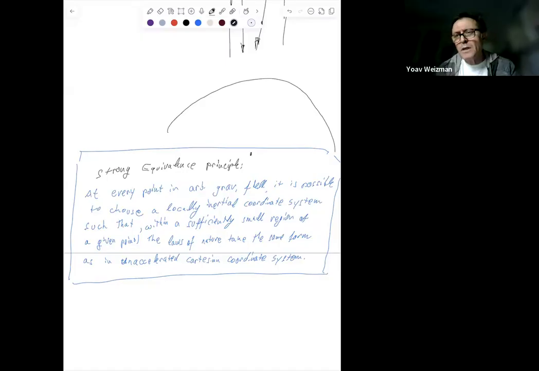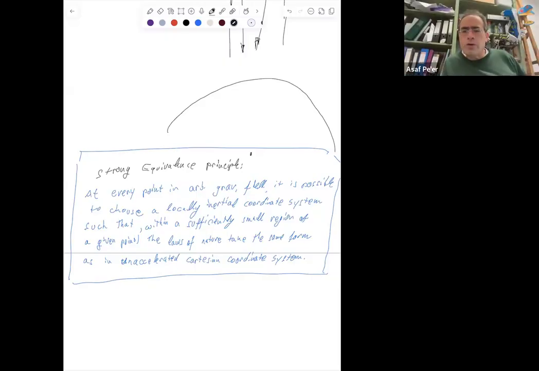So the difference between the weak one and the strong one is the locally. No, the difference is that the weak one is the experimental test of Eötvös that shows the equivalence of gravitational mass and inertial mass.